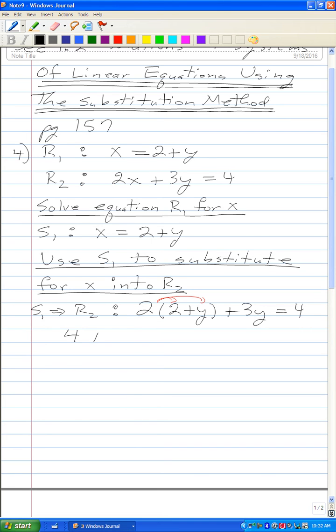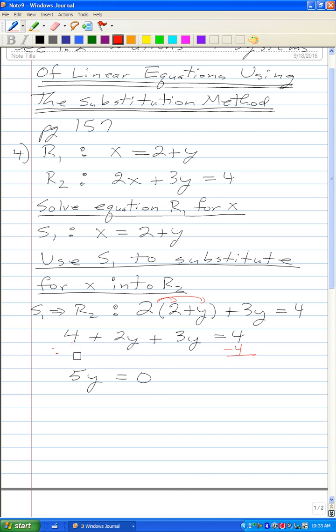So I get 4 plus 2y plus 3y equals 4. Let me subtract 4 from each side of my equation. And so 2y plus 3y is 5y equals 0. Let me divide both sides of my equation by 5.